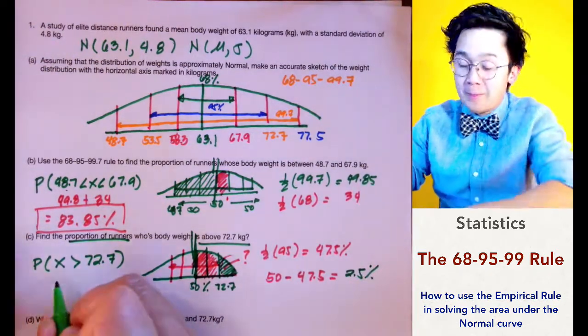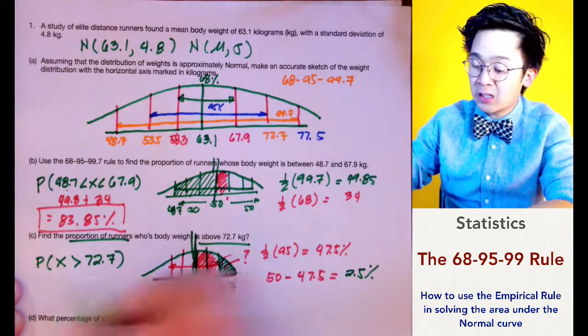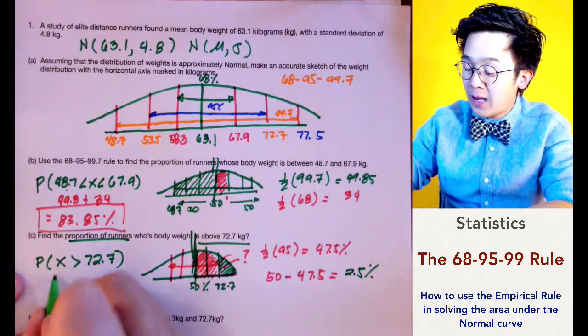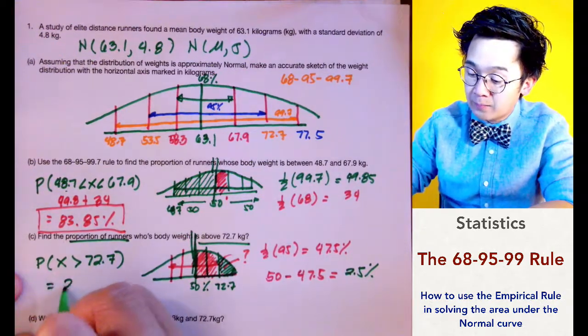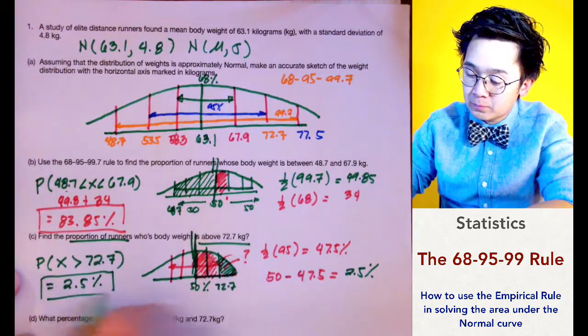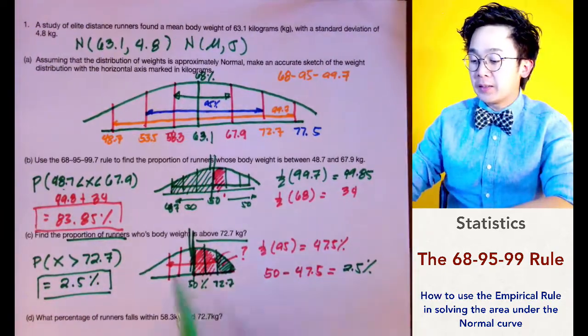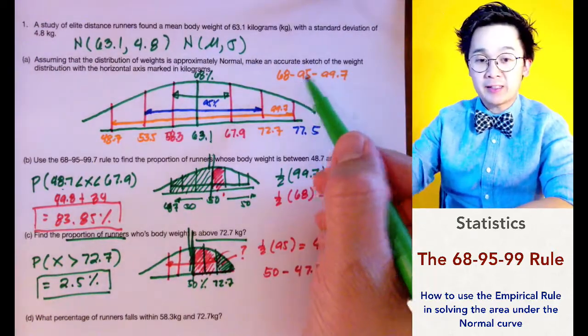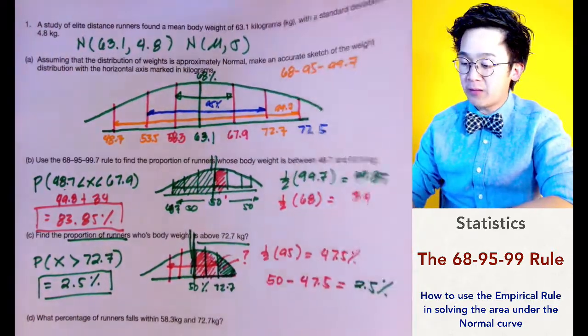So, yung proportion or percentage ng runners na ang weight ay greater than 72.7 ay 2.5% lang. So, again, sa pagkuha ng area under the curve, gagamitin natin yung 68, 95, and 99.7 rule.